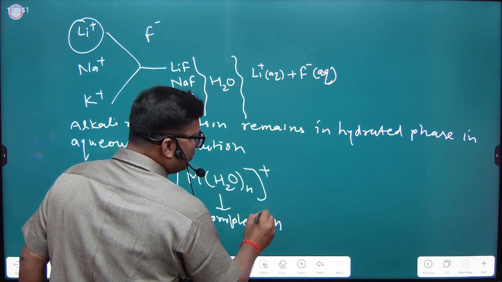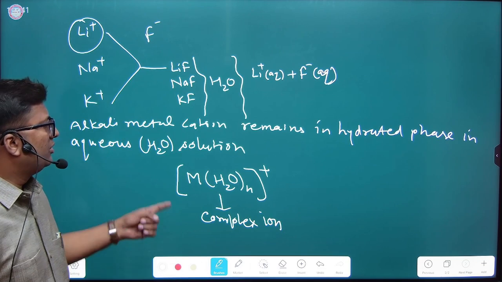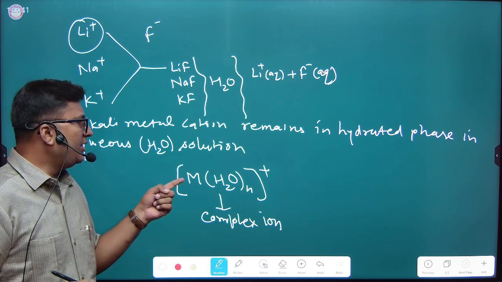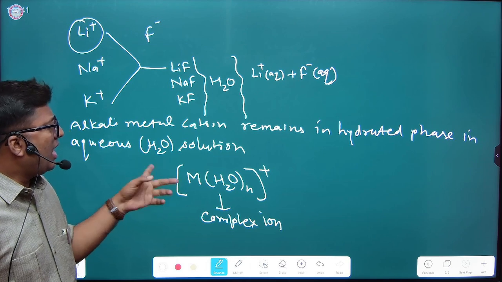In a complex ion there is one central metal ion.